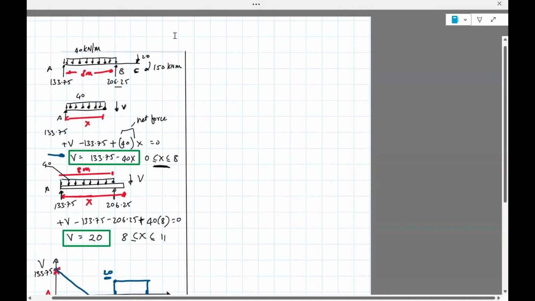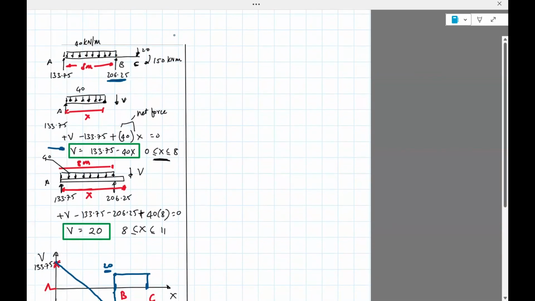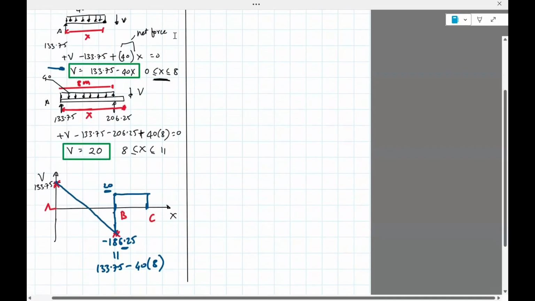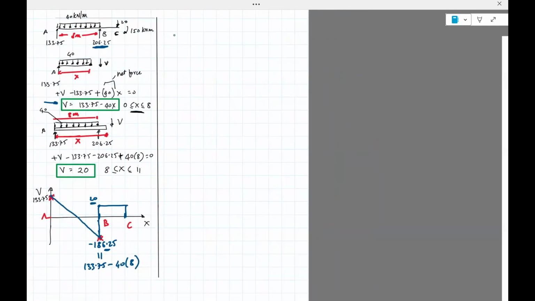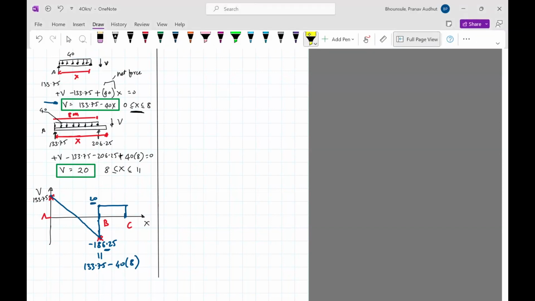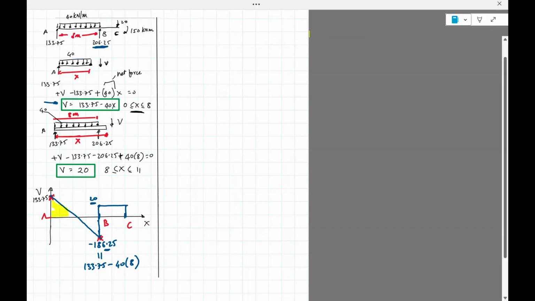The reason is the reaction force. Because of this 206.25, the force goes from minus 186 to 20. In fact, if you do 186.25 plus 20, you'll have exactly the reaction force at B. So this is our shear force diagram.